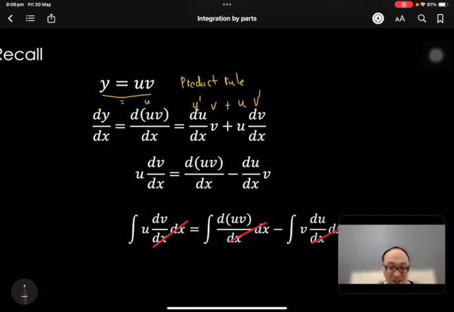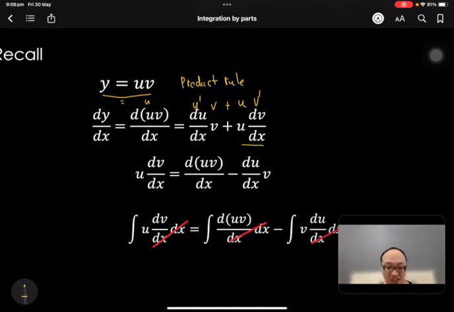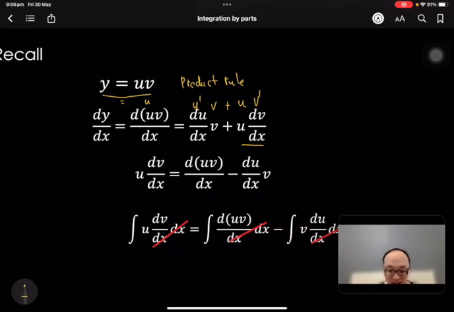So I can rewrite it as du/dx v plus u dv/dx. And then I rearrange the last part, the u dv. So u dv will be dy/dx minus du/dx times v.